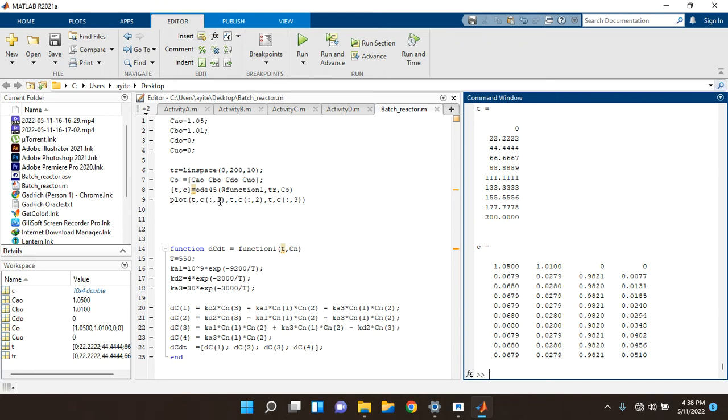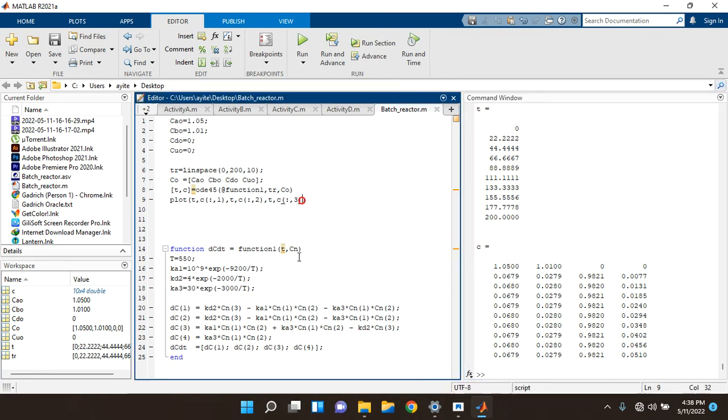So column 1, all the values on that column. Column 2, all the values on that column. Column 3, all the values on that column. So we add the last one to it. So t comma c into bracket our column comma and then 4, showing the fourth column.